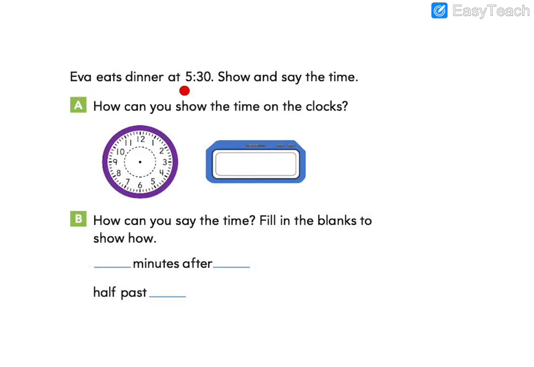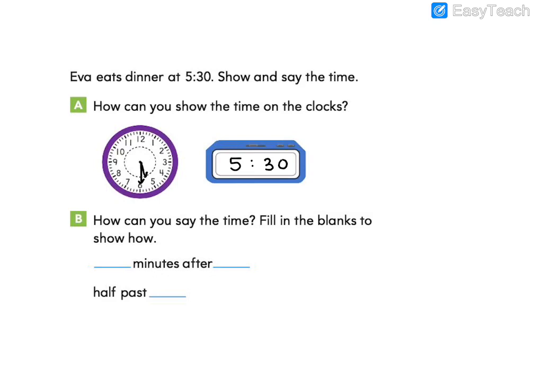Eva eats dinner at 5:30. Show and say the time. Let's go ahead and write it to digital first. 5:30. I remember the minute hand will point to the 6 because that gives me groups of 5 to get to 30. 5:30 means it's 5 o'clock going towards 6 o'clock.